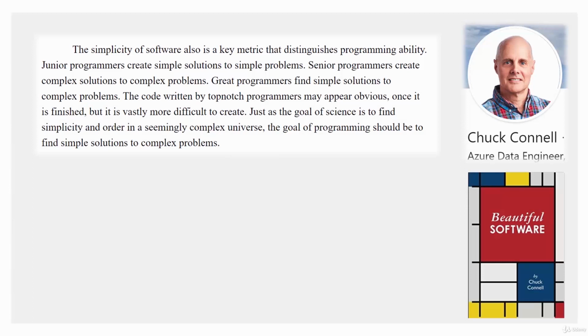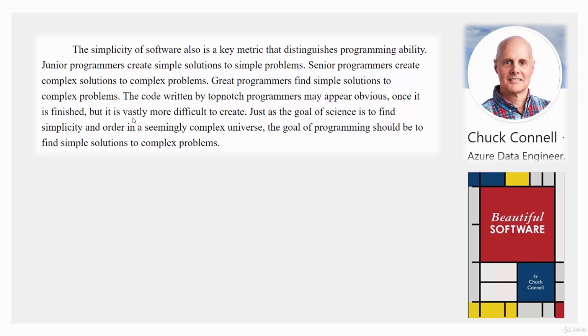I'm not sure if you know Chuck Connell, but there is a good chance that you have heard this statement. Junior programmers create simple solutions to simple problems. Senior programmers create complex solutions to complex problems. Great programmers find simple solutions to complex problems.